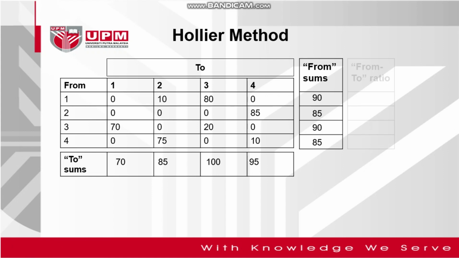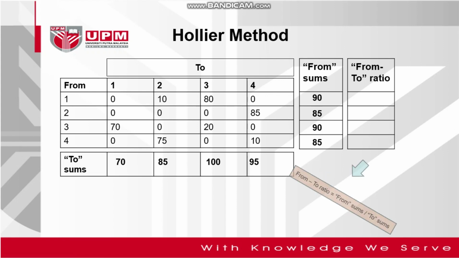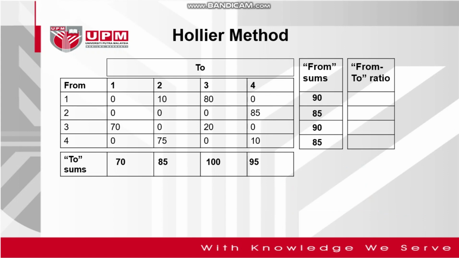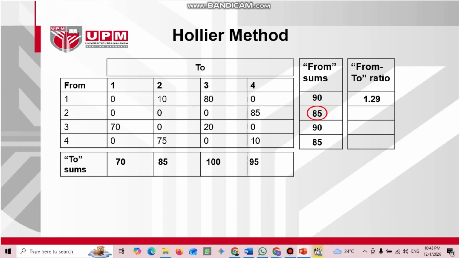After we perform the summation, we need to calculate the from-to ratio. How do we calculate it? The from-to ratio is equal to the from sum divided by the to sum. First step, for 1, 90 divided by 70.